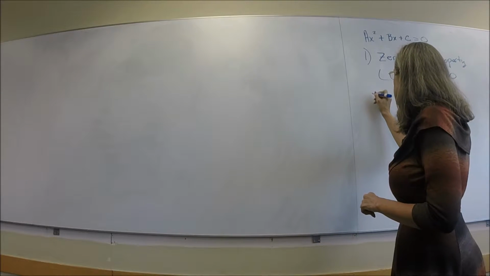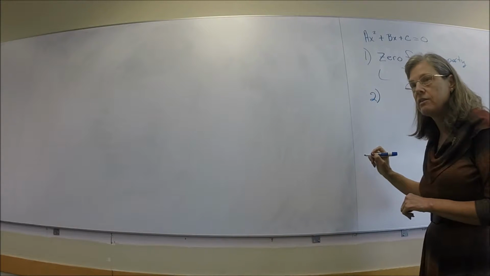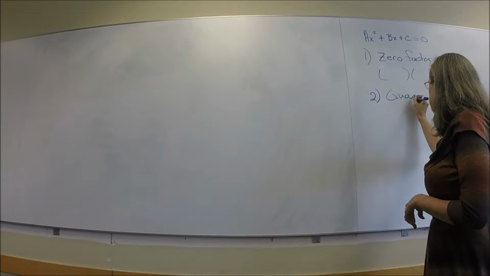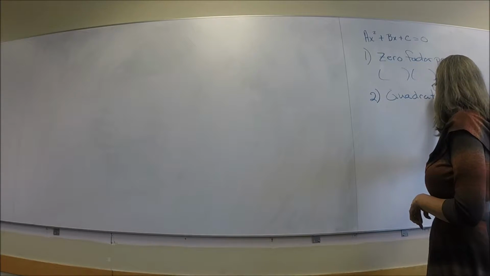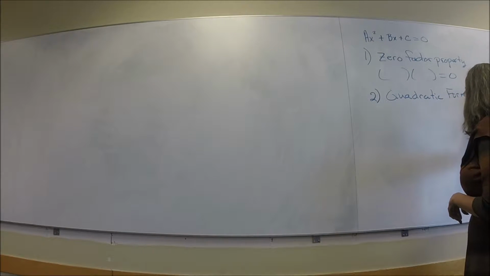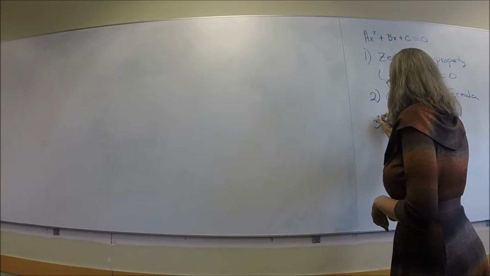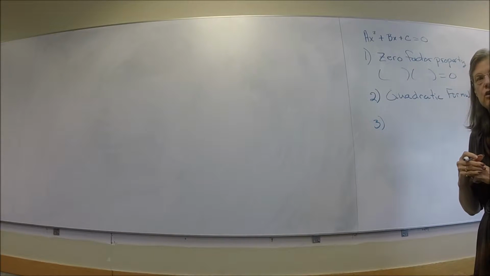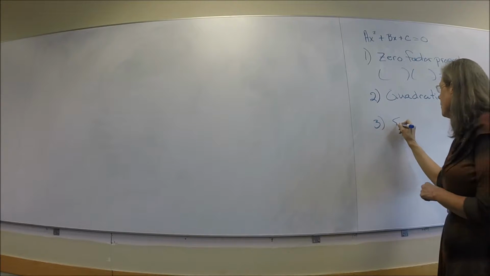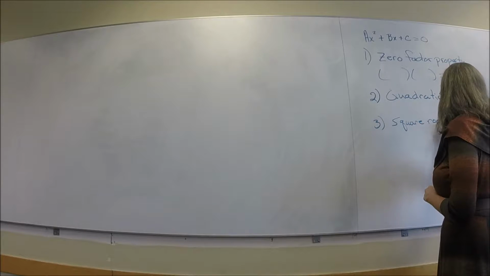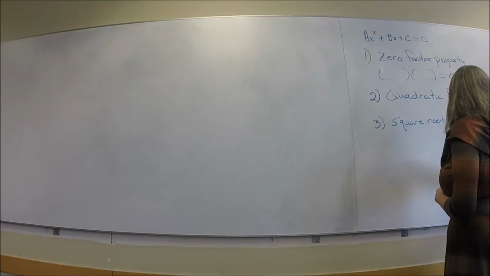The second method in this unit you will learn is called the quadratic formula. And the third method, the first method that you'll learn in this unit, is called the square root property method.